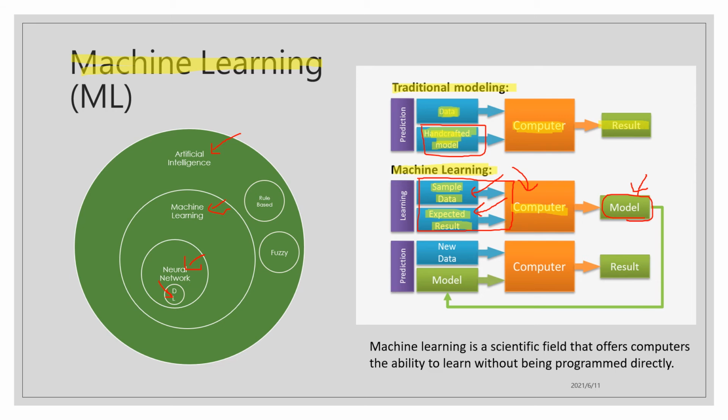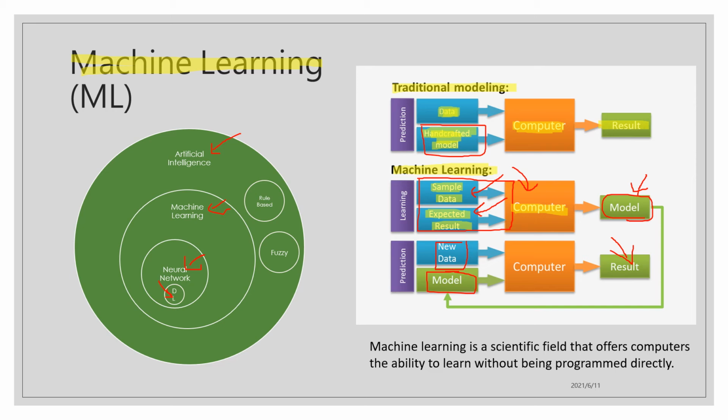Once the model is built, when there is new data, for example you use the camera to capture a new image, say you put $100 again in front of the camera, then by using this model, the computer will tell you whether it's $100 or $10 or not. This is the machine learning approach.